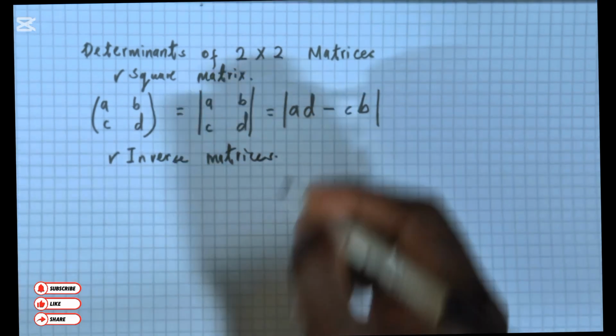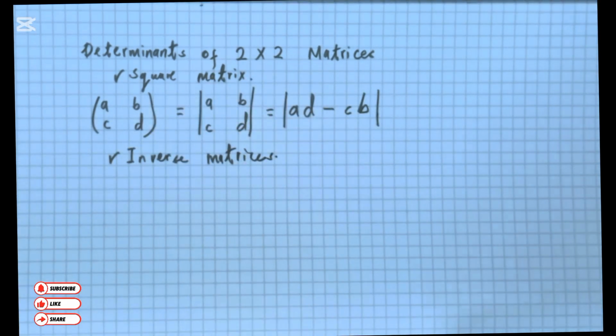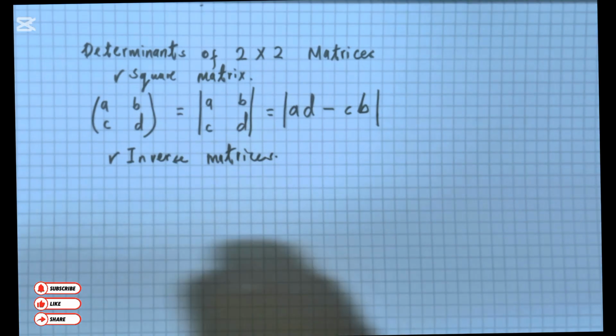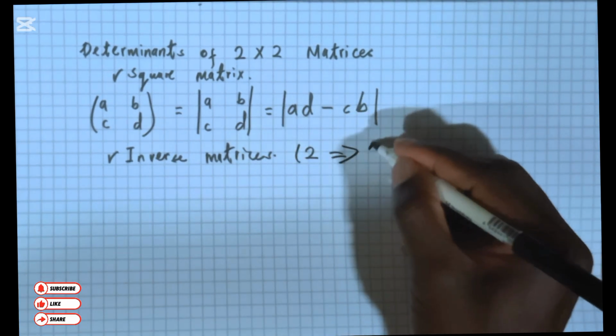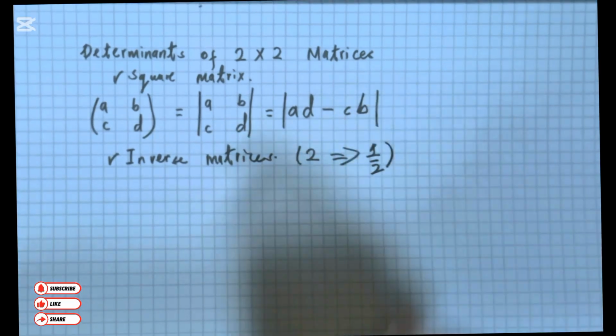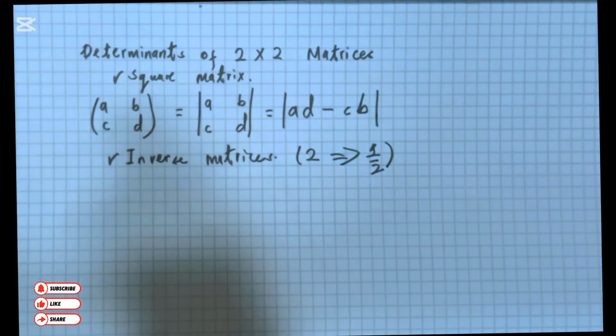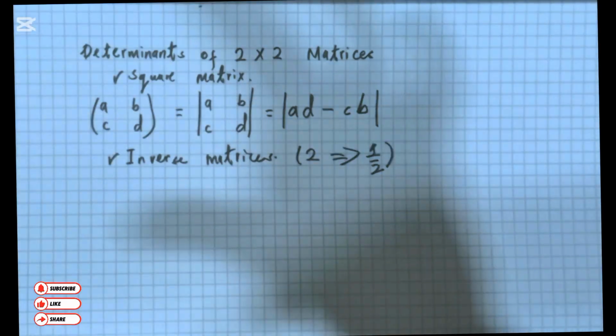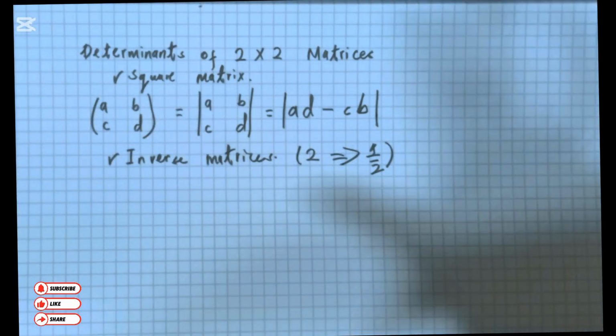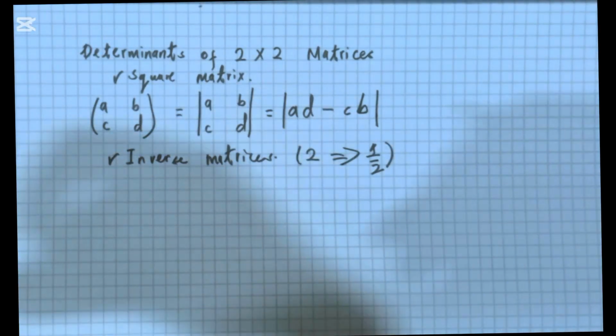So basically, an inverse is a reciprocal, all right? So for example, if you have, let's say, the number 2, the inverse of 2 will be a half. The reciprocal of 2 basically. So matrices also have reciprocals, and we cannot find reciprocals or inverses of matrices unless we know how to calculate determinants.